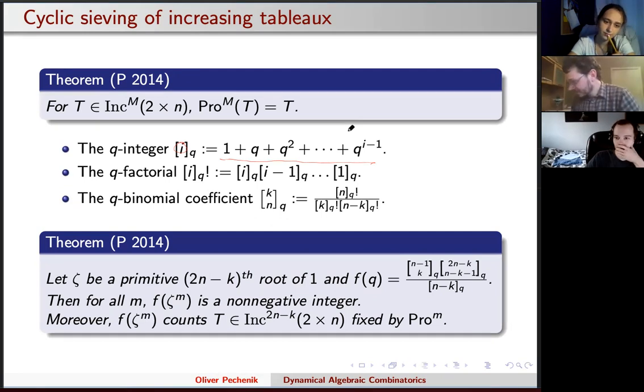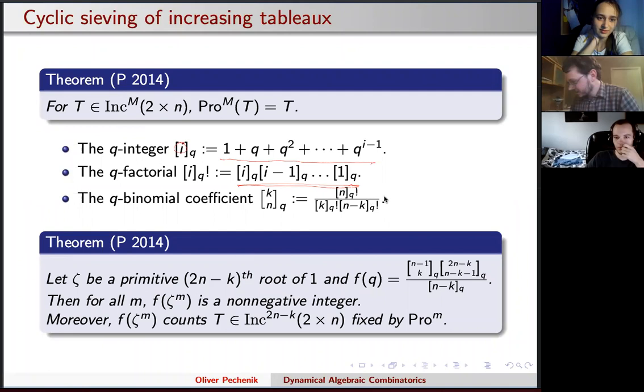You can define a polynomial version of the factorial operation. You just take the normal formula for factorial and put q's on everybody in sight. There's some huge polynomial, looks terrifying. You can also get a q-binomial coefficient if you take the normal formula for binomials and put q's on everything.